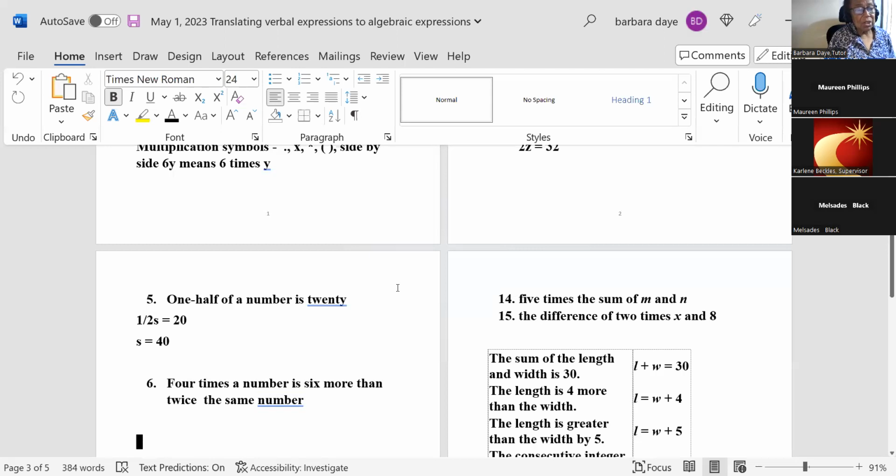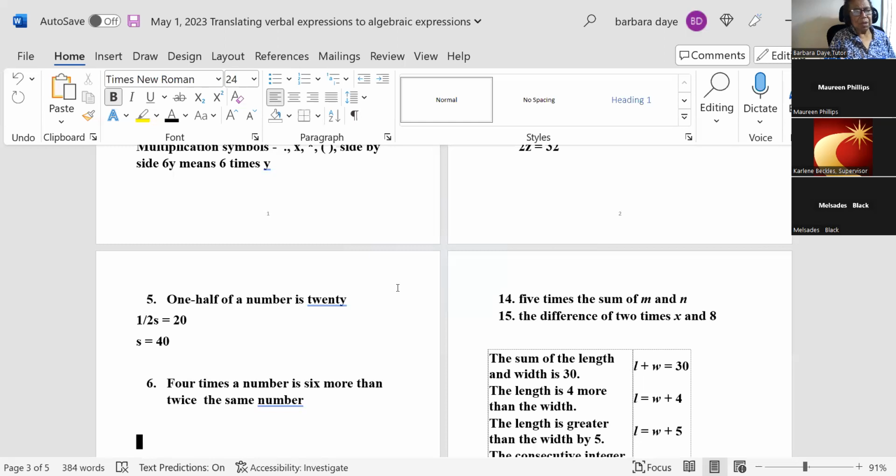Now, Maureen, tell Mercedes the difference between an equation and an expression. An equation is a math statement that shows two sides are equal. And the expression is a combination of numbers and operations.